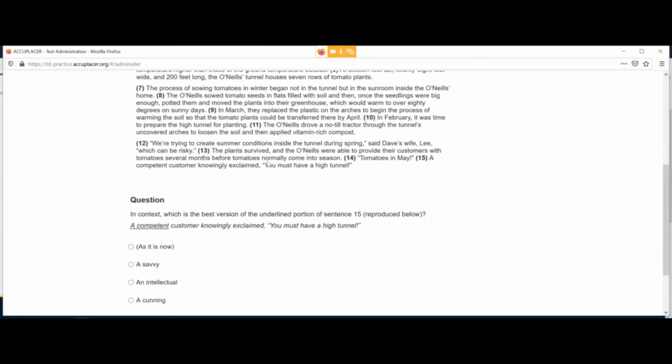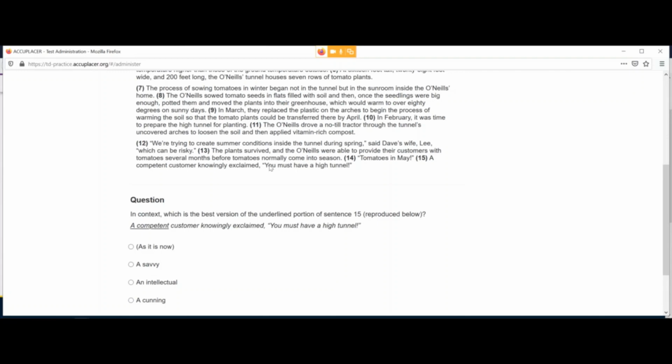And all his wife mentioned was basically what they were trying to do in terms of creating the optimal conditions for the tomatoes, but somehow the customer was able to infer that a high tunnel was required in order for Dave and his wife to do what they had to do. What does that mean? That means that the customer knew enough about planting to infer that a high tunnel was necessary in order for the farmers to accomplish their goal.